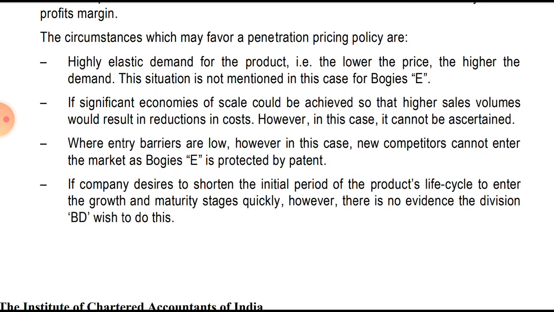Then, if the company desires to shorten the initial period of the product life cycle to enter the growth and maturity stage quickly, however there is no such evidence that the division wishes to do so.